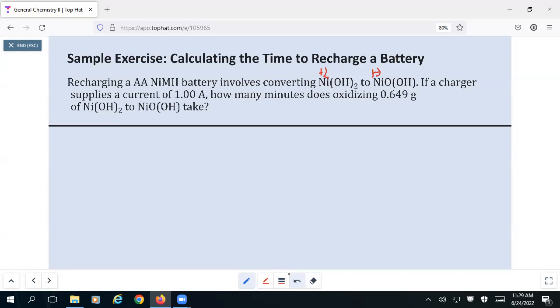How do I know that? Well, hydroxides are -1 each, so that's why the nickel's +2 there. And if I look at it here, I've still got a -1 hydroxide, but now I have a -2 oxide on it. So that's a total charge of -3, which means the nickel has to be +3 as a result.